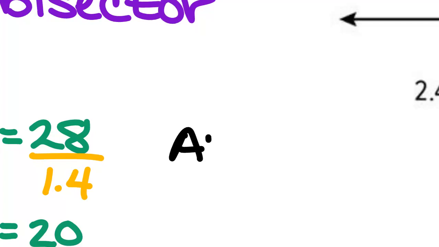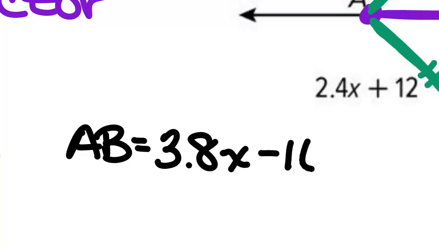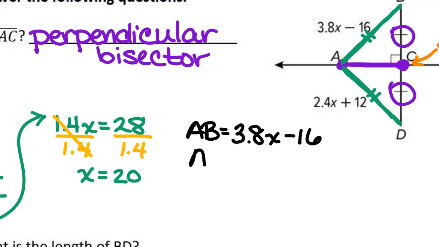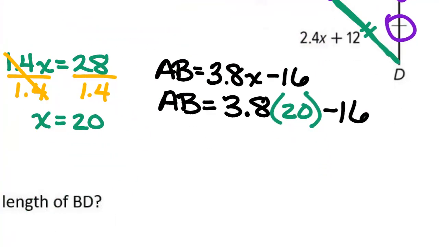Well, segment AB is 3.8x minus 16. So I'm going to do 3.8 times 20 minus 16. What do you get? 60. AB is 60.